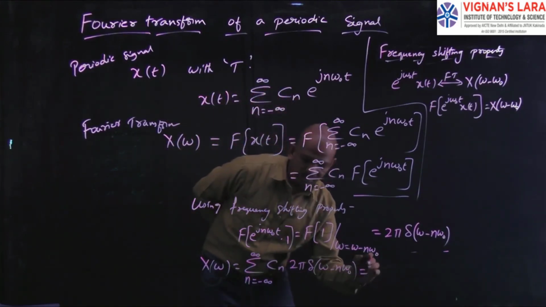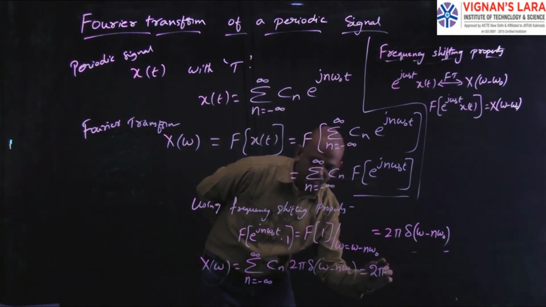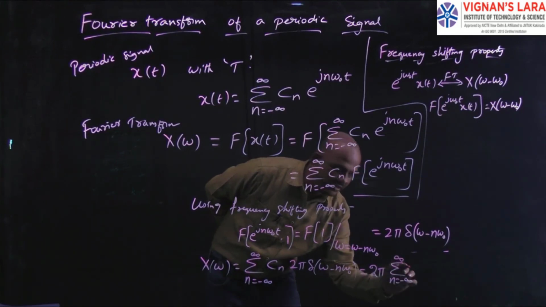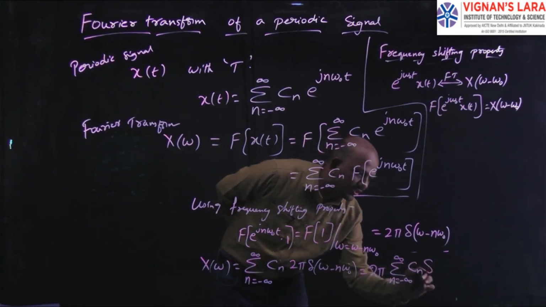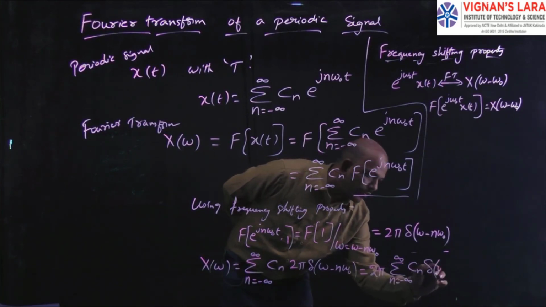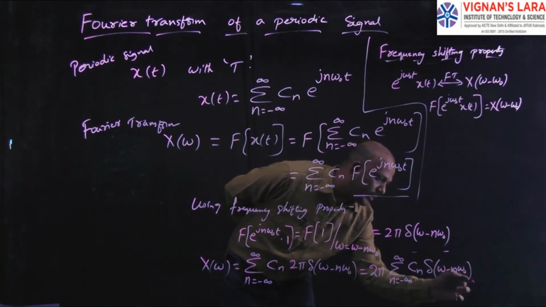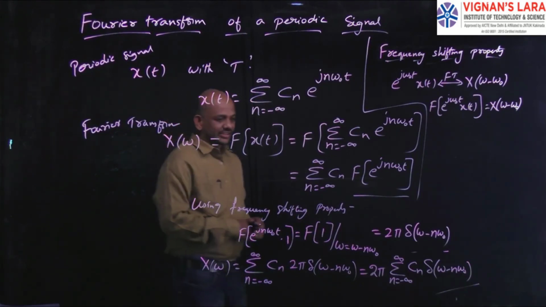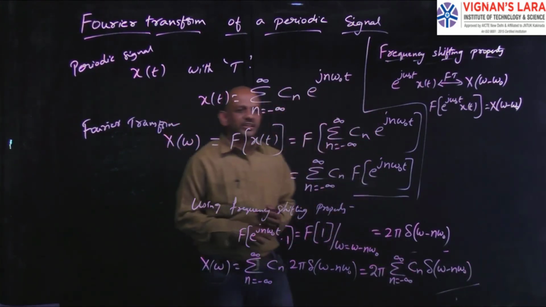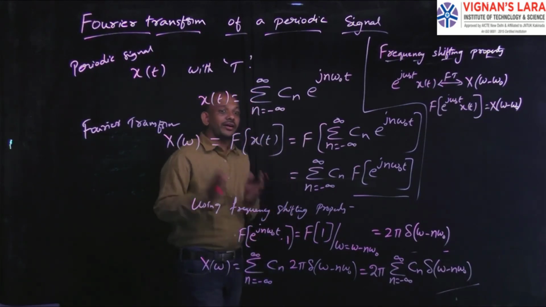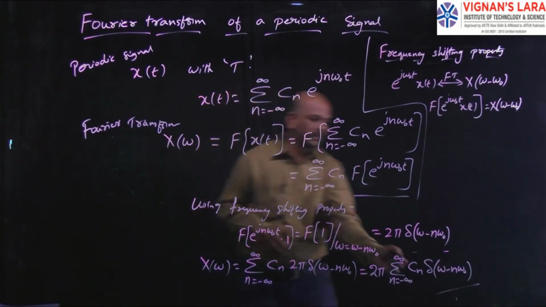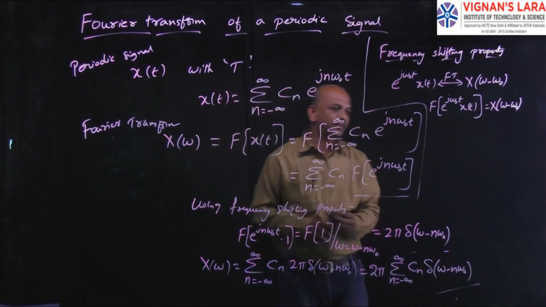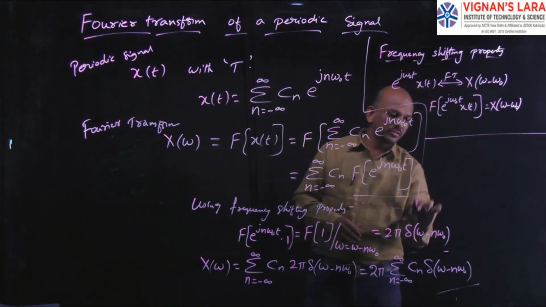So the final answer is 2 pi into summation of n equal to minus infinity to infinity Cn del of omega minus n omega naught. So this is the Fourier transform of a periodic signal, where Cn is nothing but the Fourier coefficients with respect to the signal x of t, and we all know the value of that Cn also.